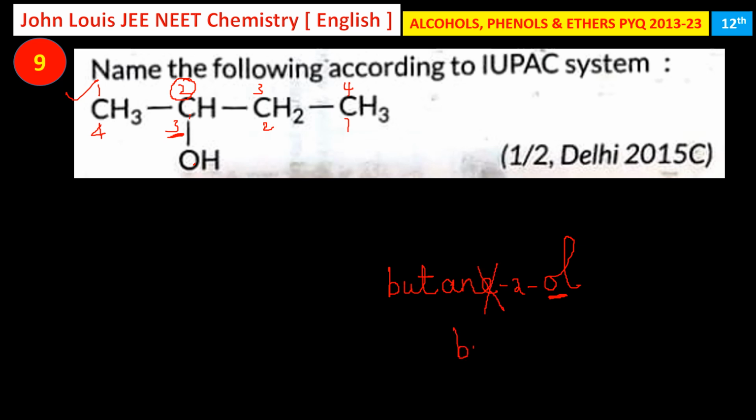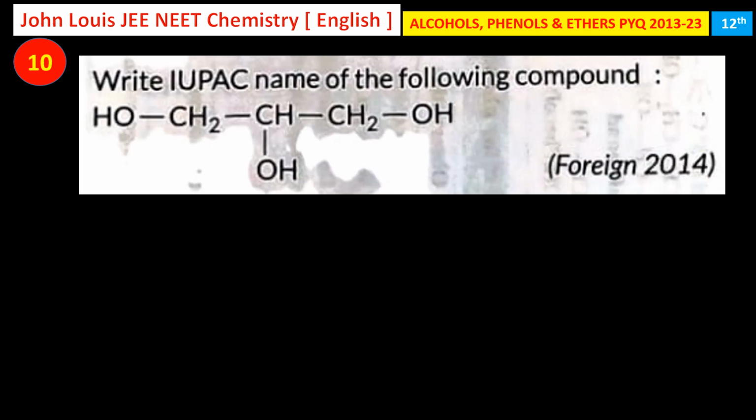Therefore, the name should be butan-2-ol. That is the IUPAC name of this compound. Since B is the first letter, it should be capital. That's all. Hope you understood and it's clear to you.